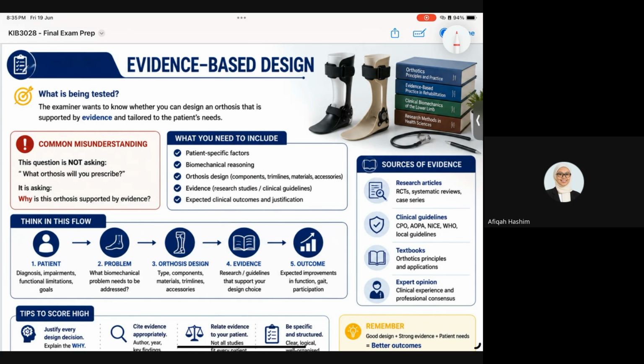So one of the things that examiners look for is when you can recognize the limitation of the available evidence and explain how patient-specific factors influence the final decision. You can think about things like patient age, activity level. Usually in exam questions, they will provide you with all this information. You can use all of this information to justify your orthotic selection.